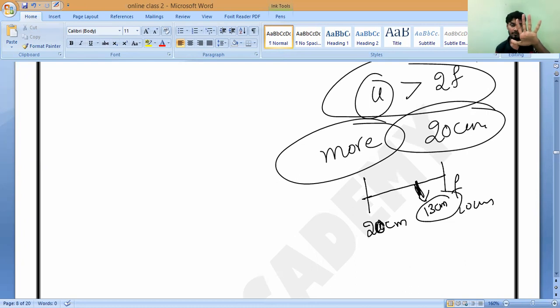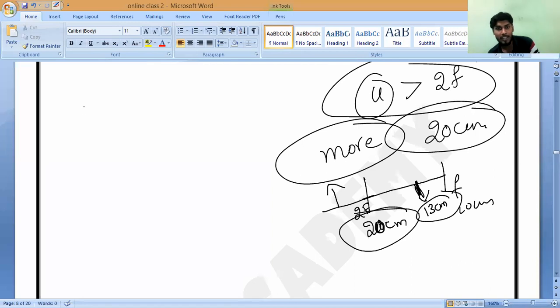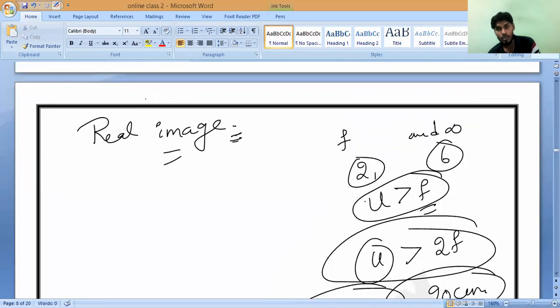Case number 5. Object should be placed beyond 2f, beyond 2f means more than 20 centimeter. Do you understand? Like this you should analyze.